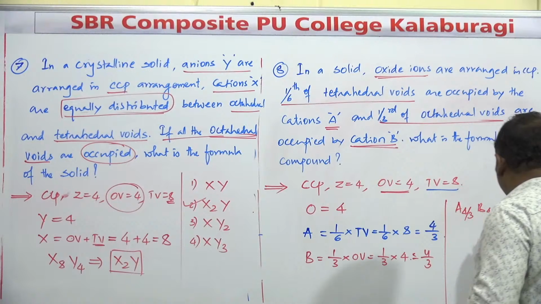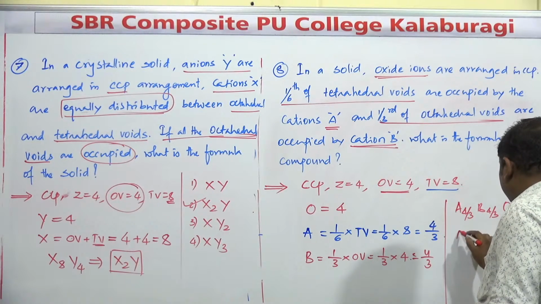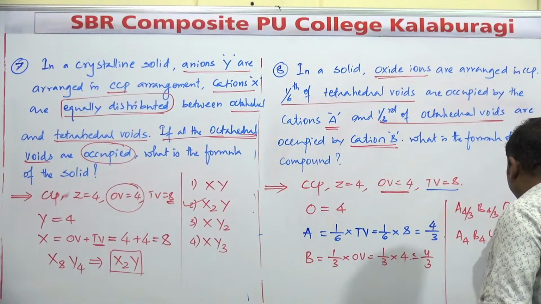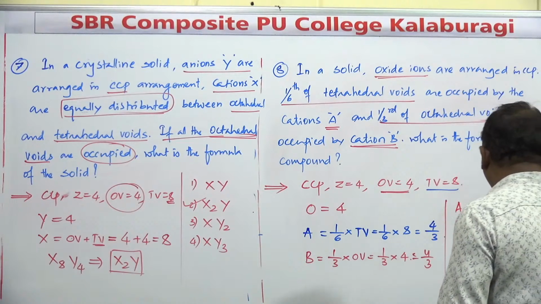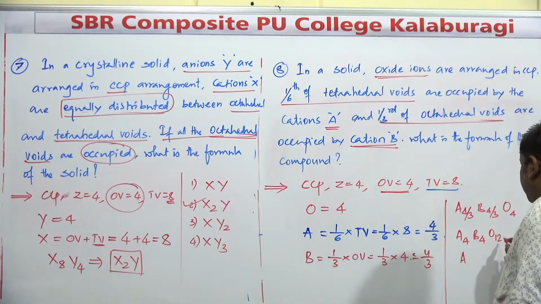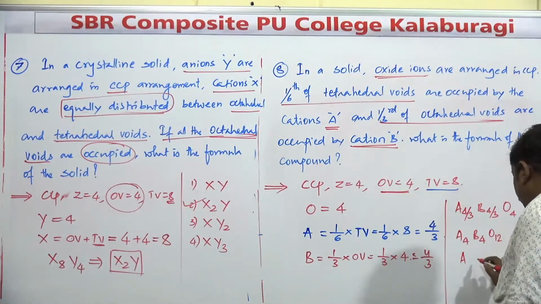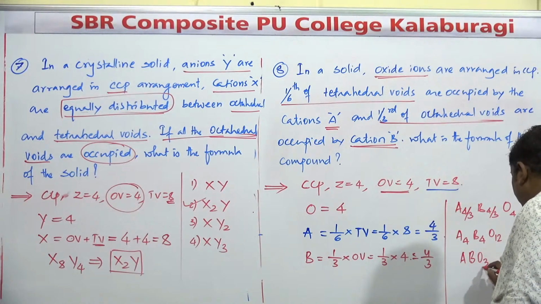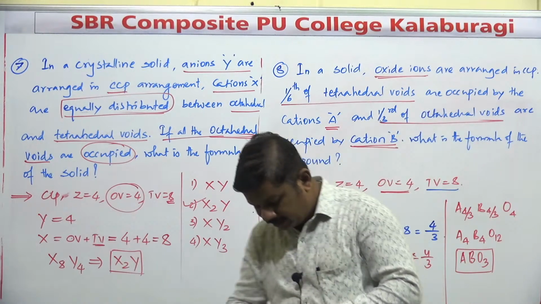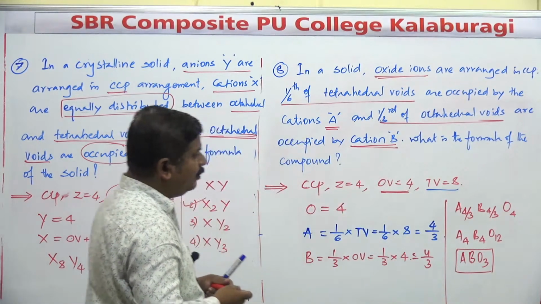If you take the simplest ratio, you have to multiply by 3. This is going to be A4, B4, O12. Then the simplest ratio is 4:4:12, which means 1:1:3. Then the formula of the compound is going to be ABO3. Total formula of that compound is ABO3.